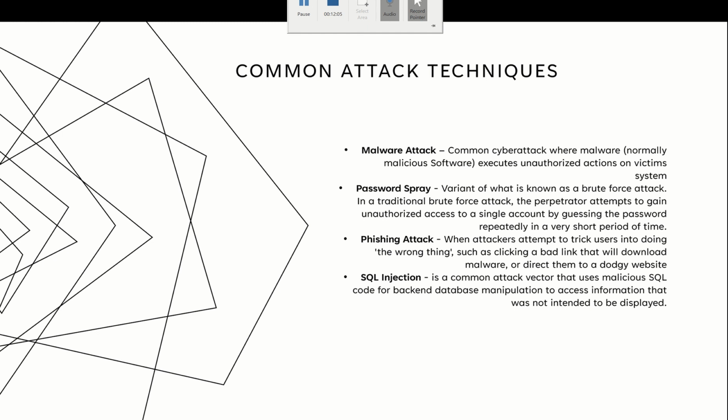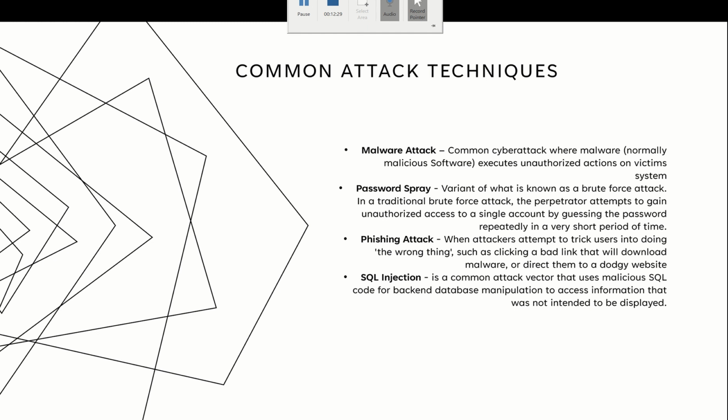Phishing attacks, when attackers attempt to trick users into doing the wrong thing, so just clicking a bad link, like downloading malware, just like we referenced with the malware attacks, as well as being directed to a dodgy site, maybe to input their credit card details to obtain money, crypto mining techniques. There's a whole load there. And SQL injection, okay?